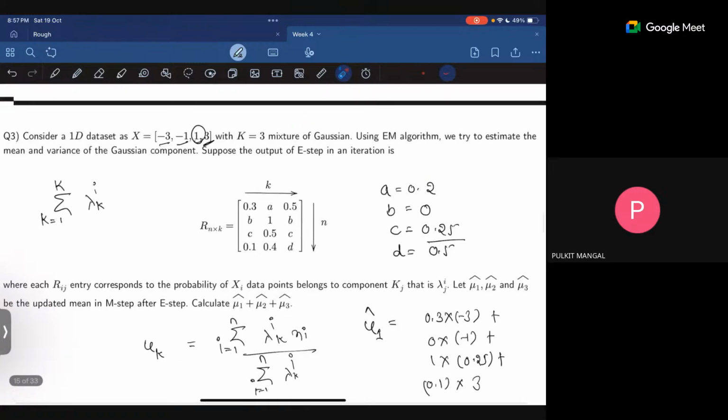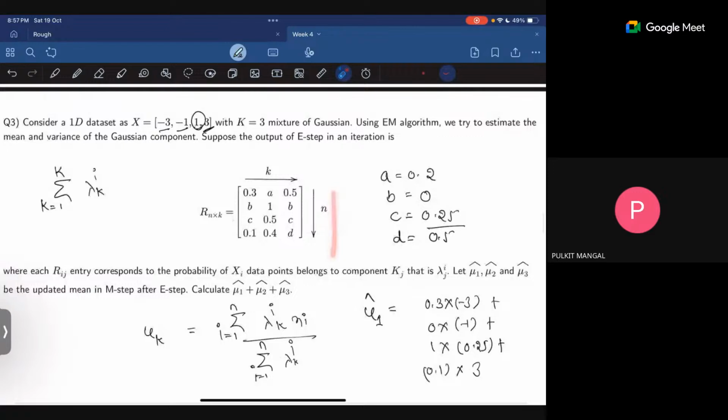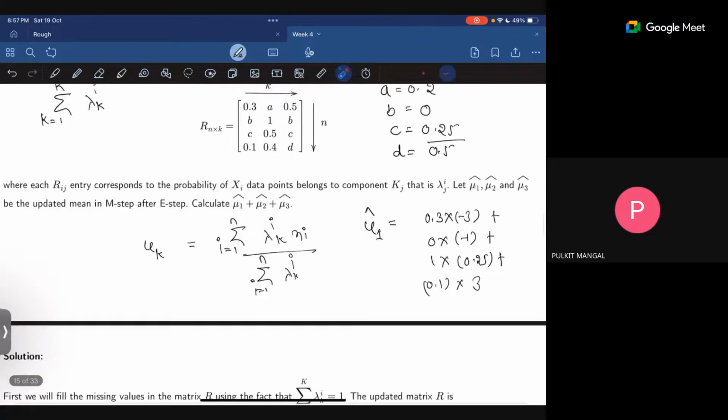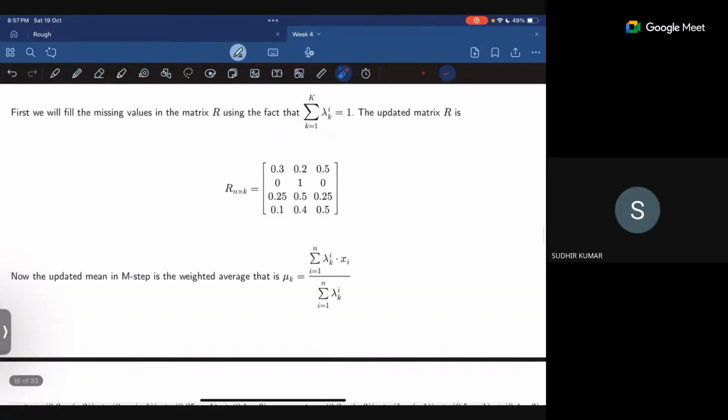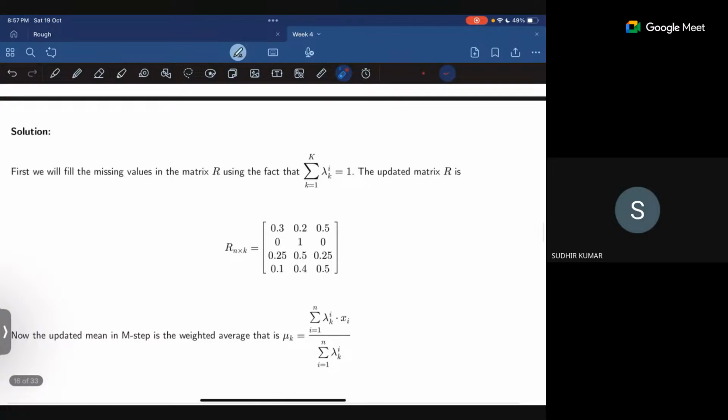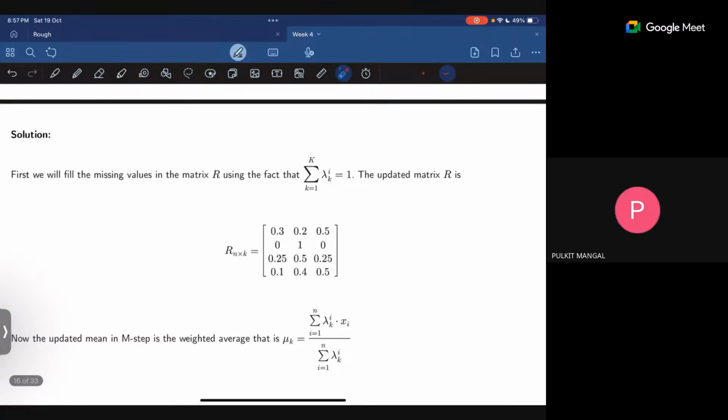Let's look at this here. N is the number of rows, k is varying here. Sir, what is the meaning of this component? Is it the number of mixtures? Yeah, number of mixture, component, mixture, cluster, all the same. Got it, sir.